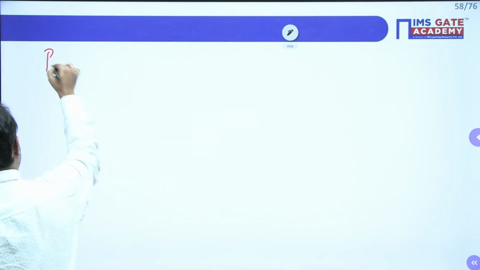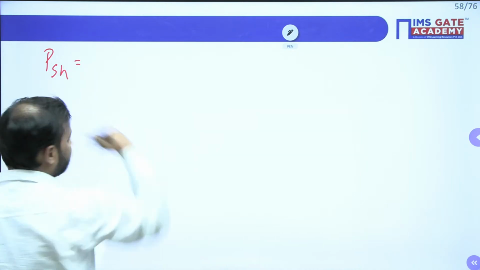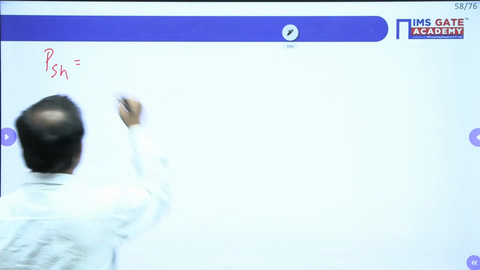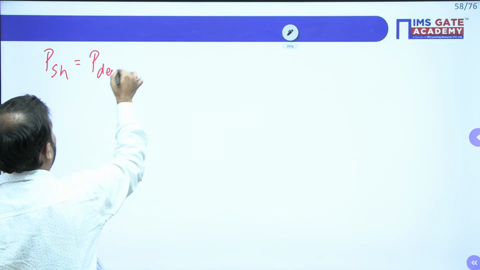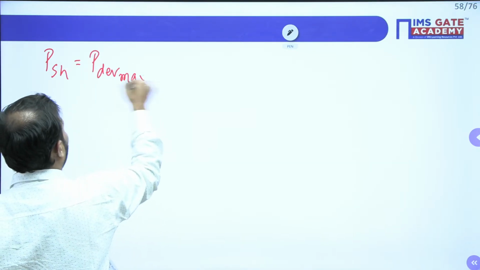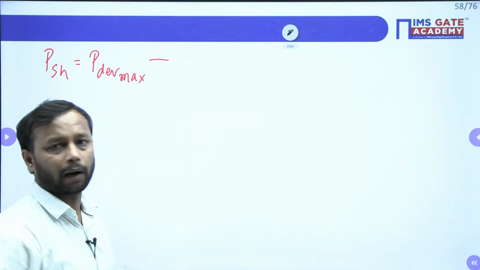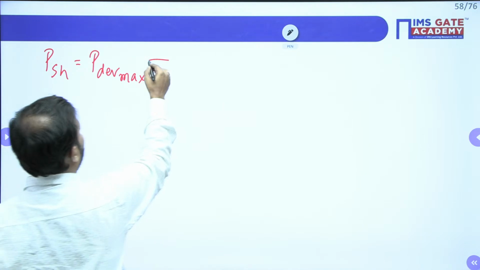So P shaft, means the power which is reaching the shaft, is equal to P developed at the maximum condition minus rotational loss.